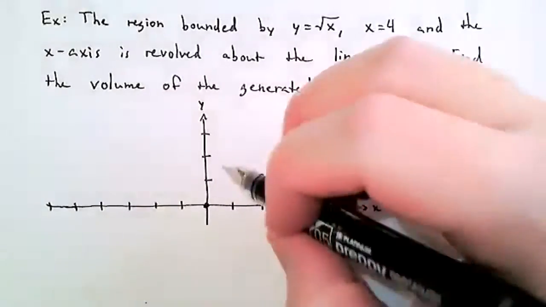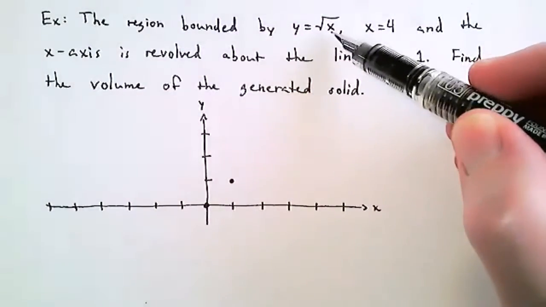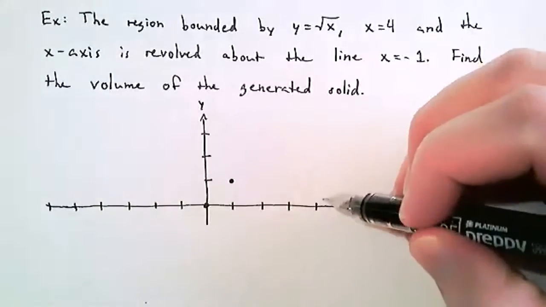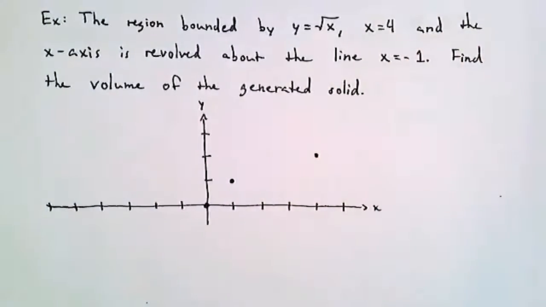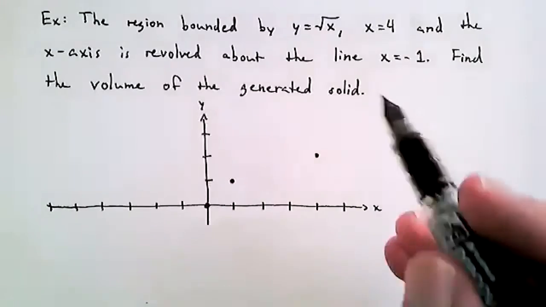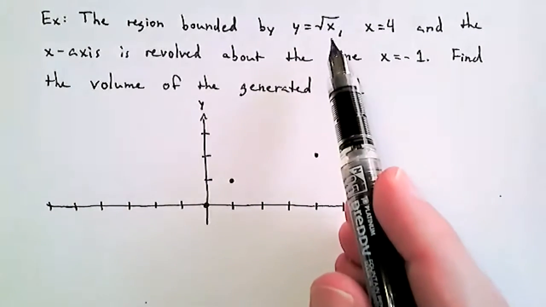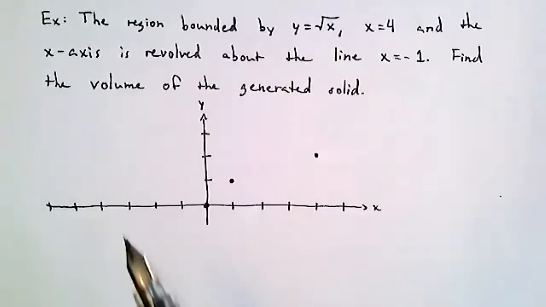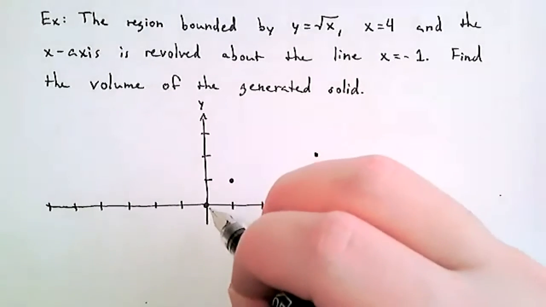If you plug in 1, you get 1. And if you plug in 4, you get 2. So something like this. And we know we can't plug in negative numbers because then we would get something imaginary. So we don't have to worry about anything over on the left side of the x-axis.